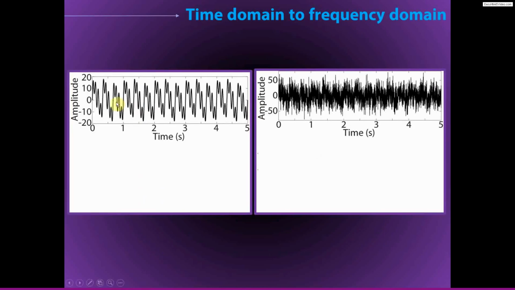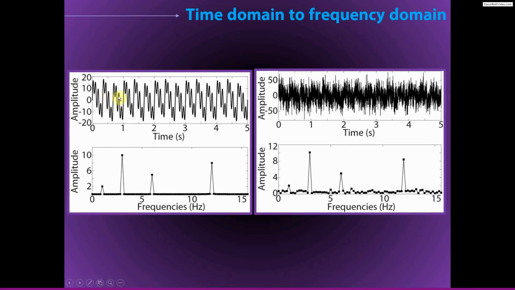So this you can see here. Compare this time domain representation. This is obviously a sum of several sine waves, but it's difficult to tell exactly how many sine waves there are and really what the frequencies are, except maybe for 1 or 2 of the sine waves. But here in this frequency domain plot, it is really exceedingly clear that there are 4 sine waves, and their amplitudes are 2, 10, and whatever these guys are.